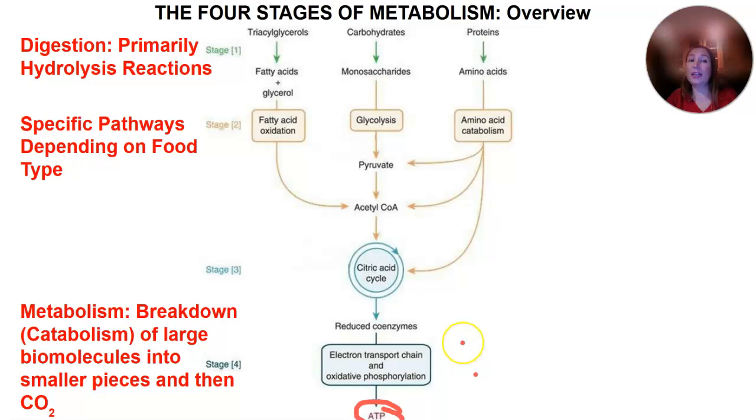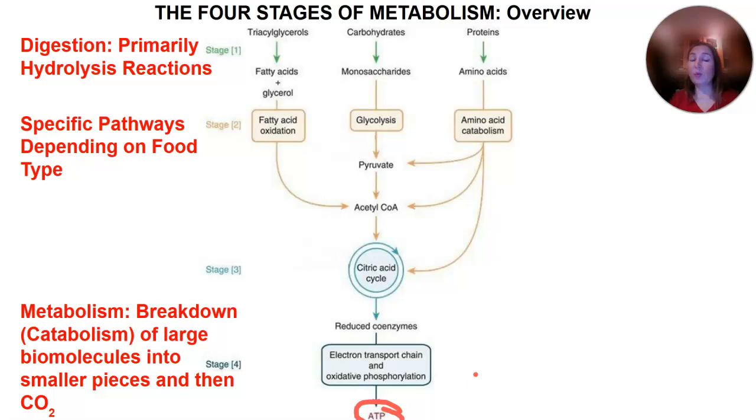So I think what's interesting here is that in digestion in stage one, we're doing all hydrolysis. Hydrolysis looks a little different, whether it's a triglyceride or a carbohydrate or a protein. It's the same general reaction: we're breaking down the molecule into smaller parts with water.